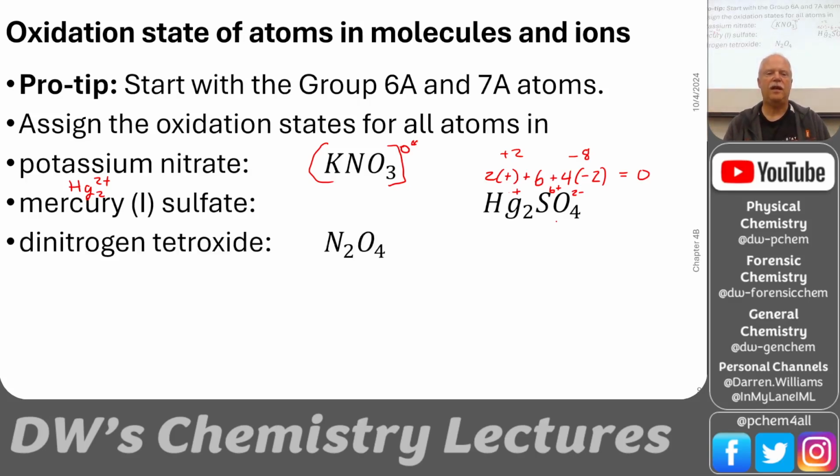Okay, here's dinitrogen tetroxide. The whole thing is a 0 charge, so we have to all add up to 0. So we've got 4 times a -2 for the oxygens. All right, so that right there is going to be a -8. And so this has to be a 2 times a +4, right?